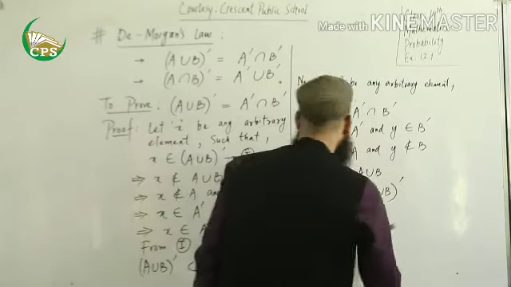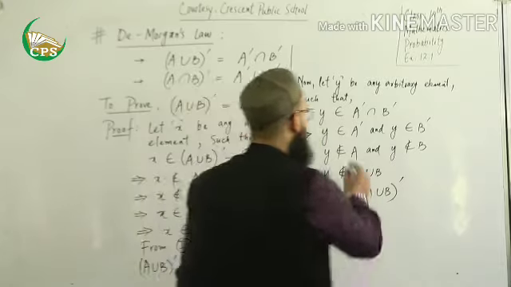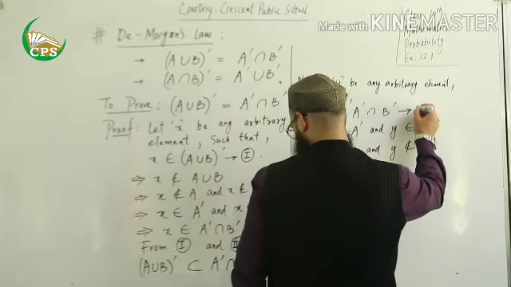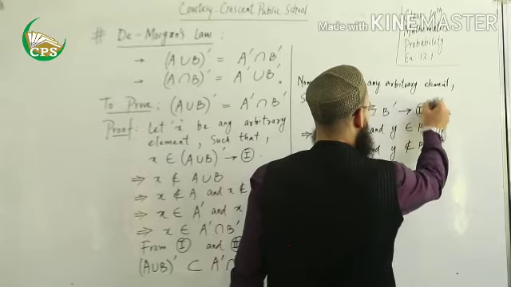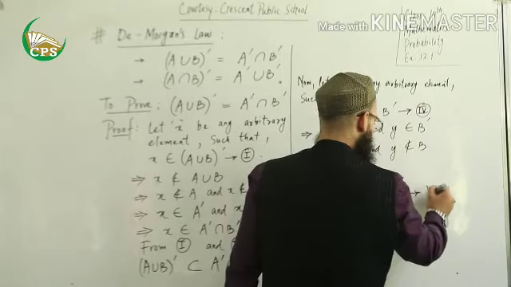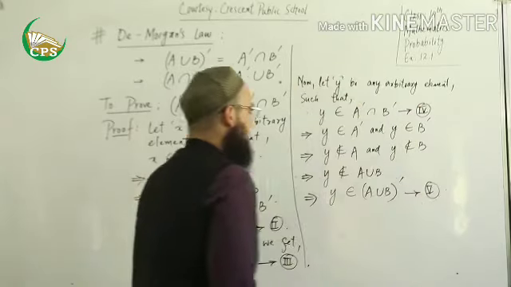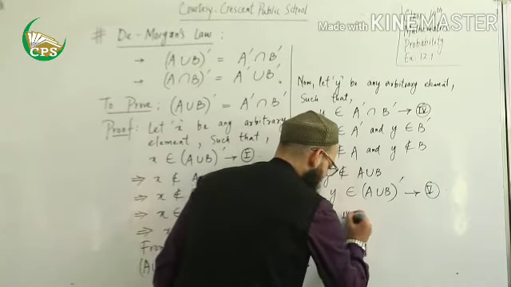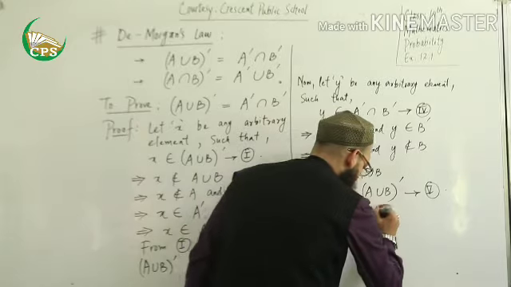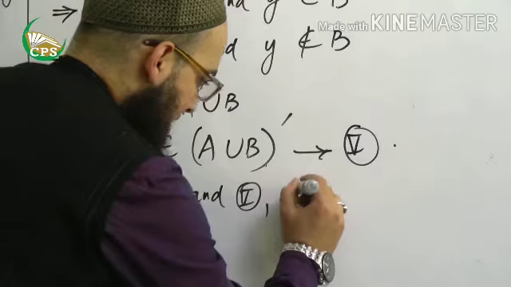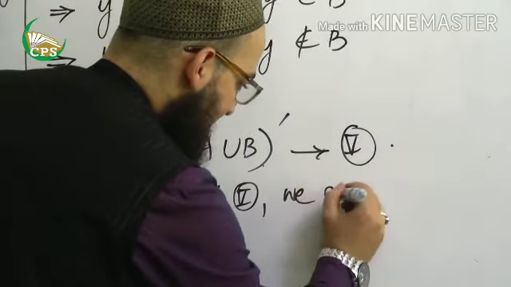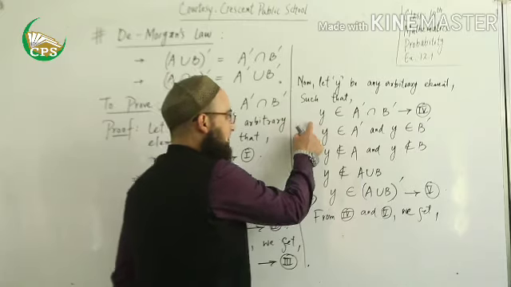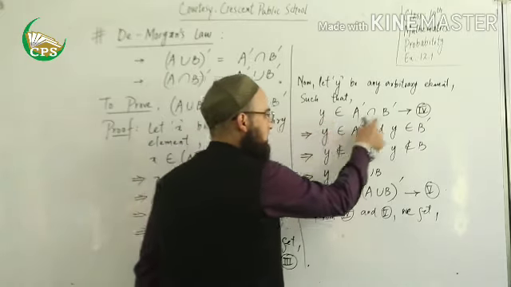Now call this as fourth, call this as fifth. Now what did you get from 4th and 5th? From 4 and 5 we get, again for the same reason, you started with Y, it belongs to this.